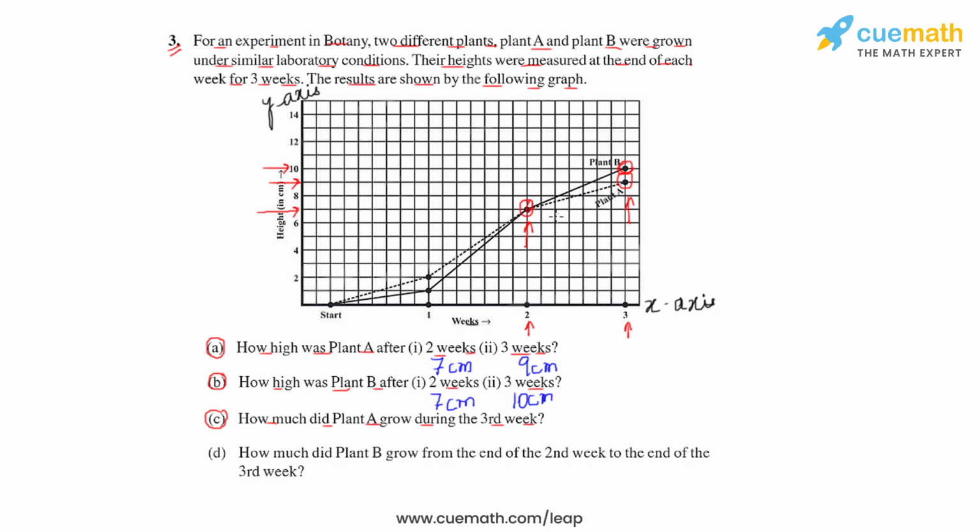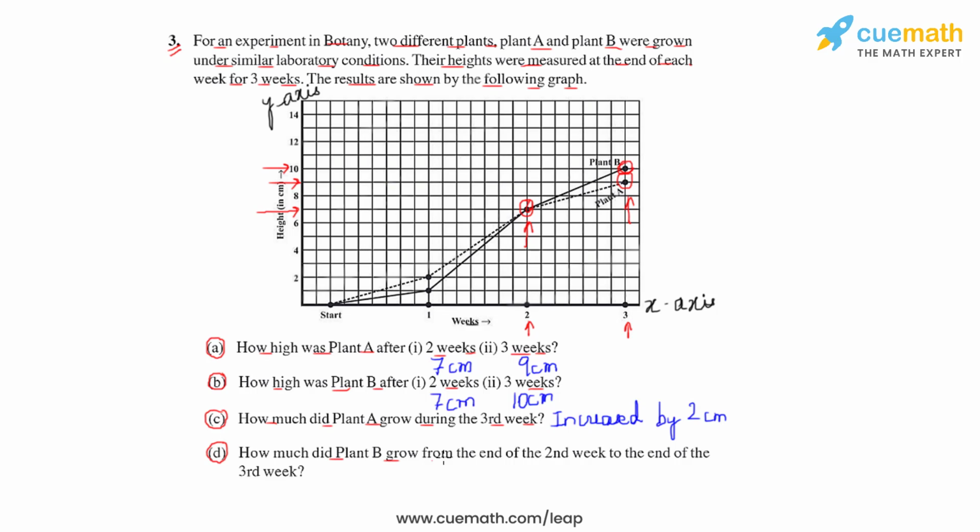So basically from 7 centimeter, the height increased to 9 centimeter. So we can say that it increased by 2 centimeter during the 3rd week for plant A.